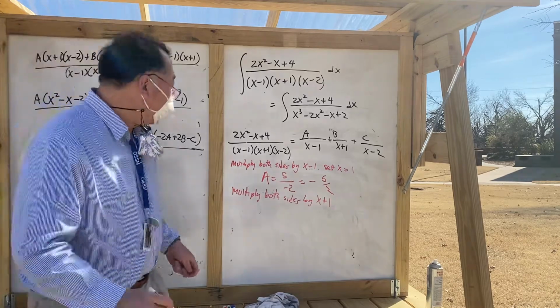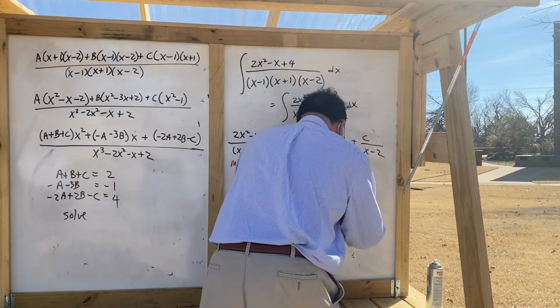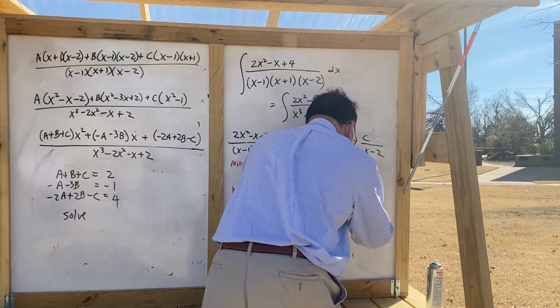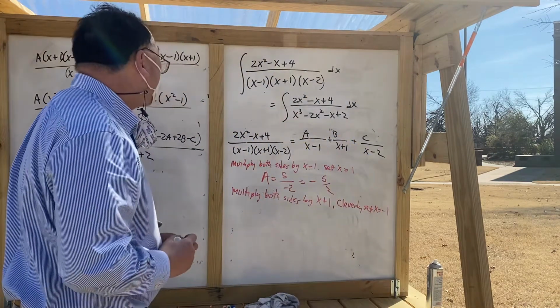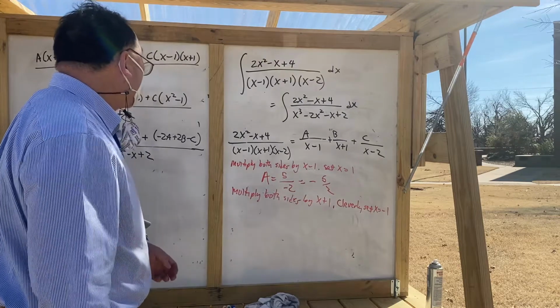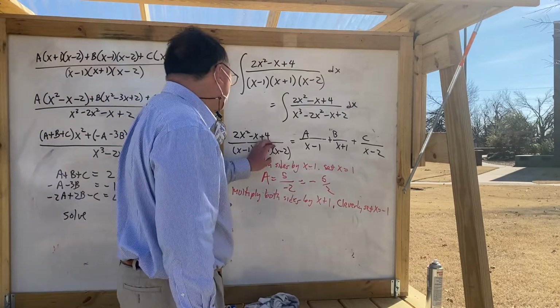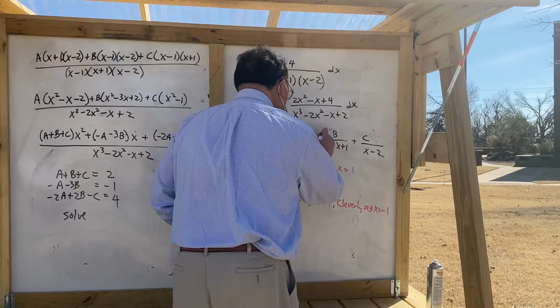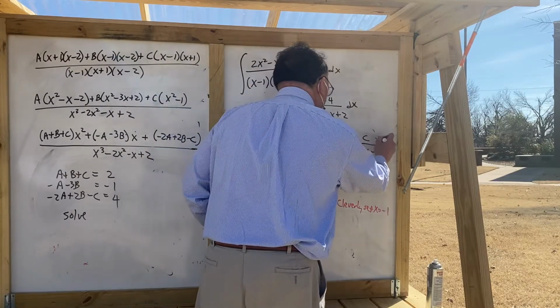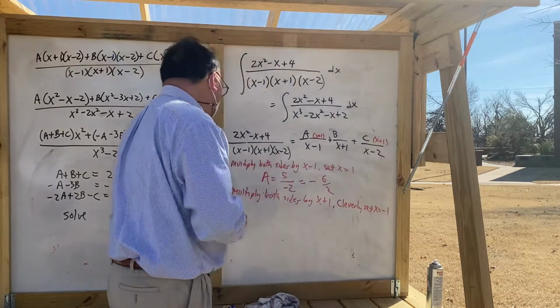Negative 1. Yeah. So I'm going to then cleverly set x equal to negative 1. Very good. So I'm going to multiply both sides by x plus 1, and I got x plus 1, x plus 1. Okay.